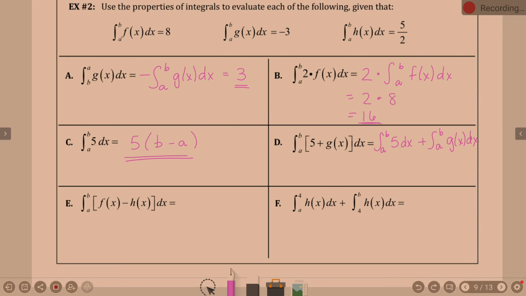So now the integral from a to b of 5 dx is going to be 5 times b minus a for the first one, plus -3, so -3. Clean up? I mean, you could distribute the 5, but we're still not going to have like terms. So I think the answer key is usually leaving things like this.